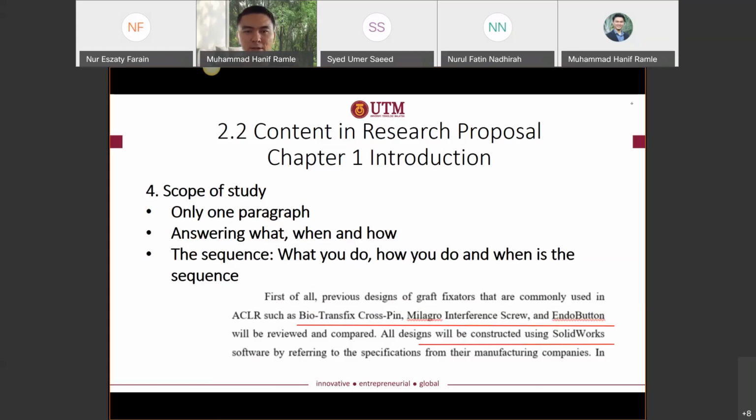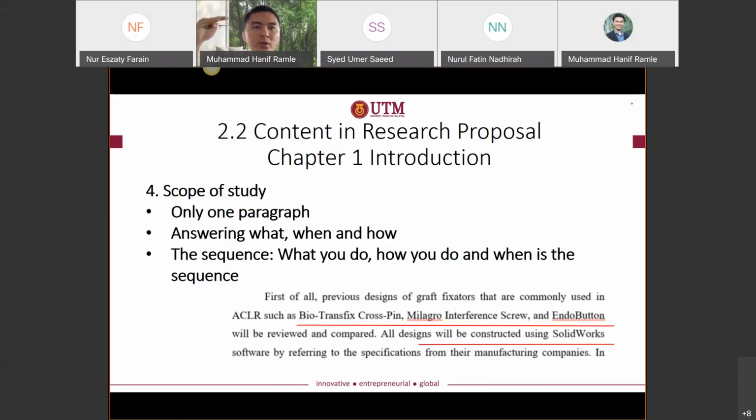How you do it is some brief about your methodology actually, only brief. How you synthesis, how you develop the 3D model, how you set up the database, for example.